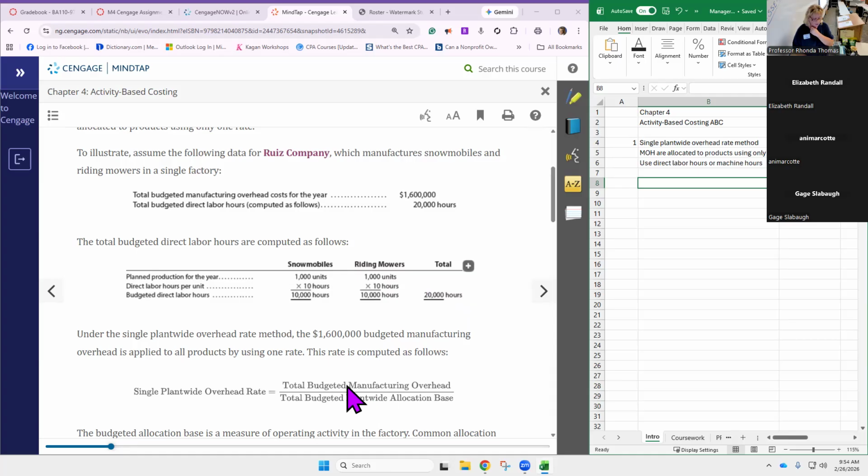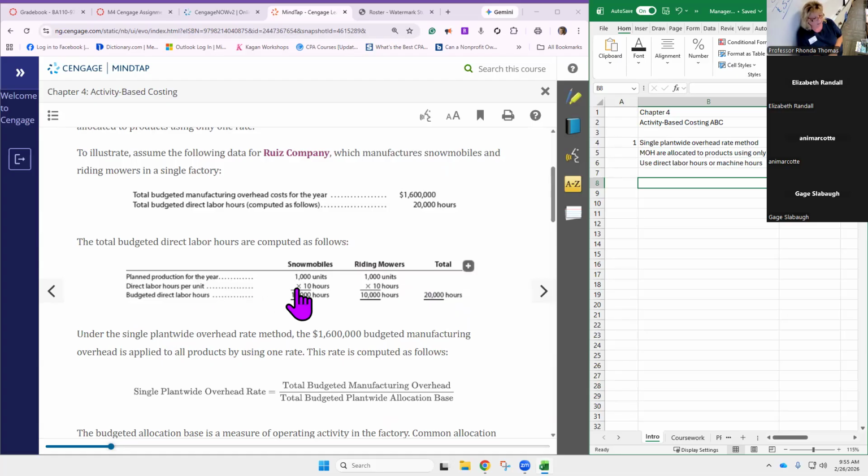So if we take the total, which is 1,600,000, and divide it by the 20,000 hours, right? And what does that say? Budgeted. Budgeted direct labor hours is an estimate.